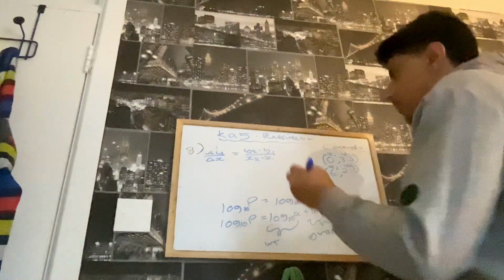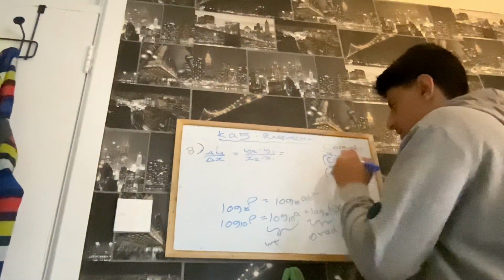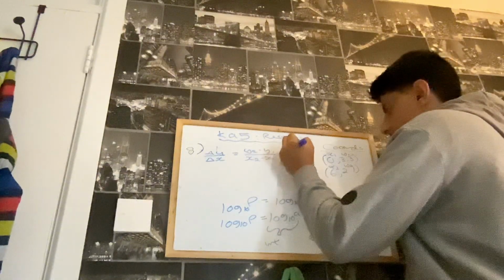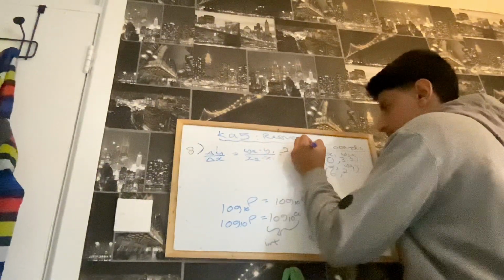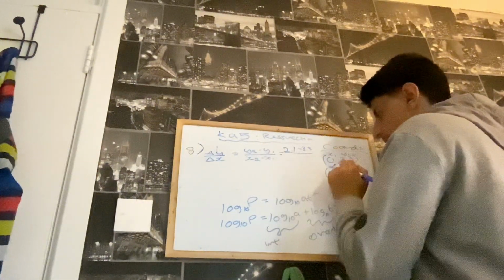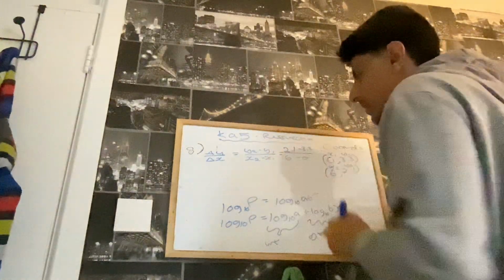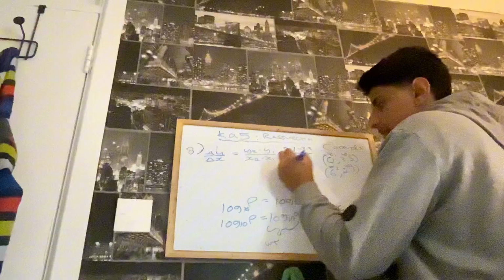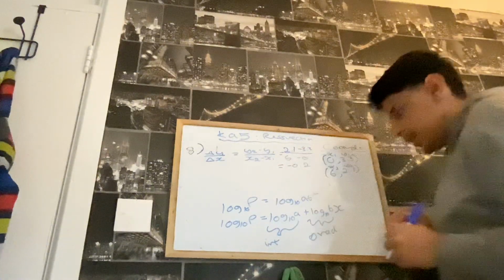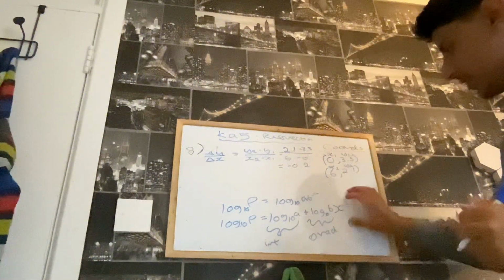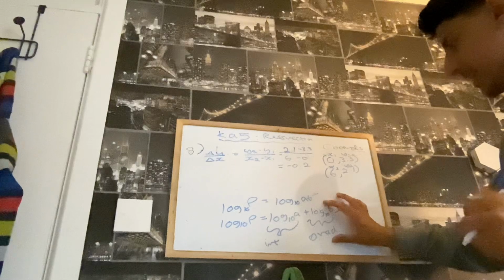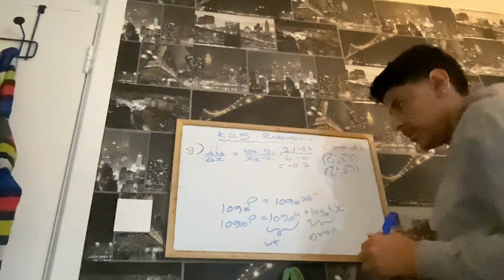So over here we would get 2.1 minus 3.3, and then x2 minus x1 is 6 minus 0. If we plug this in the calculator, we should get a value of minus 0.2. Now this is our gradient. Ignoring this x, this and this would be the same thing.